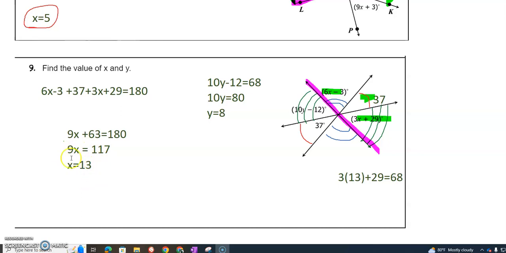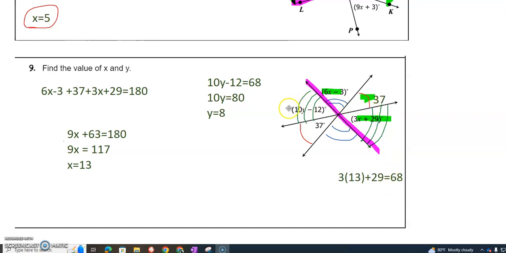Now that I know that x equals 13, I can plug that in here to get 3 times 13 plus 29, which equals 68. So I can get this angle measure. This angle measure is 68 degrees.